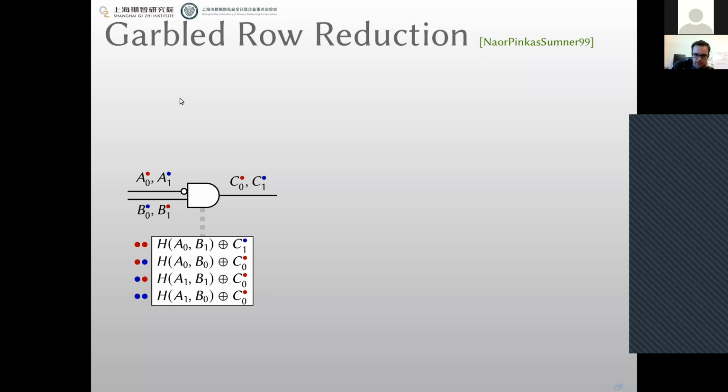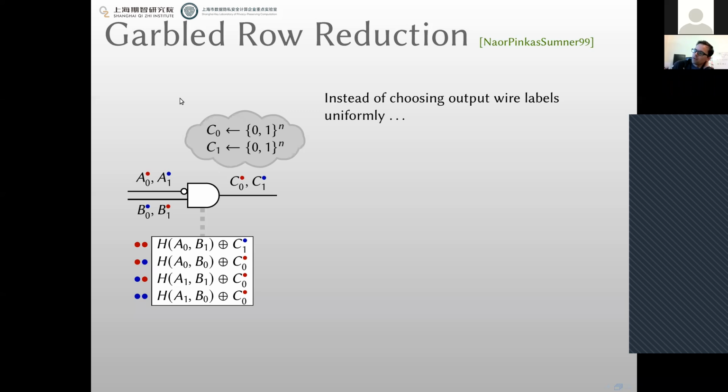Everything is fine. So the new idea here is to think back about where these wire labels come from. When I first described garbled circuits, I said for every wire in the circuit, you should choose a false label and a true label.